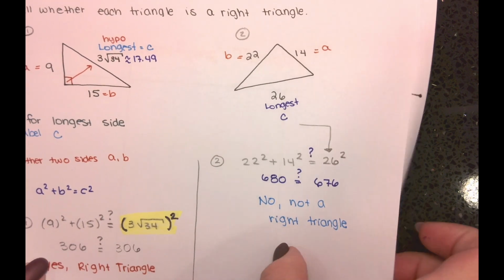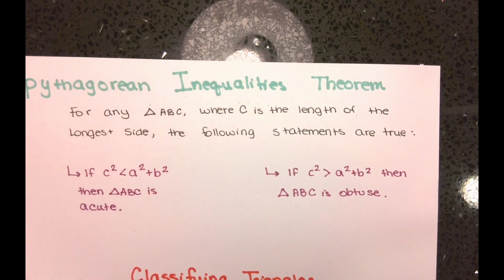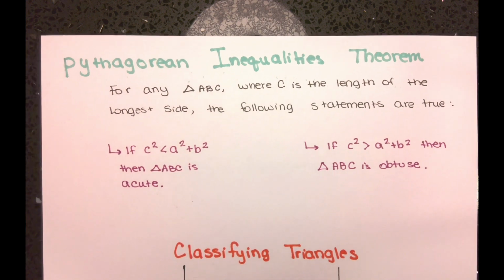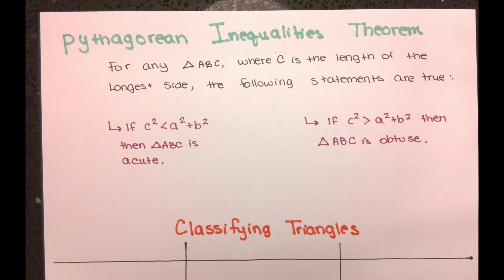So what kind of triangle is this? Well, using the Pythagorean inequalities theorem, we can determine what kind of triangle we have. Do we have an obtuse triangle or do we have an acute, small triangle? So the Pythagorean inequalities theorem, go ahead and pause this to write this down.